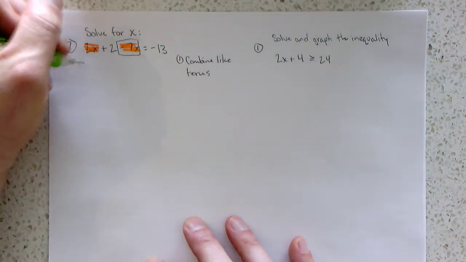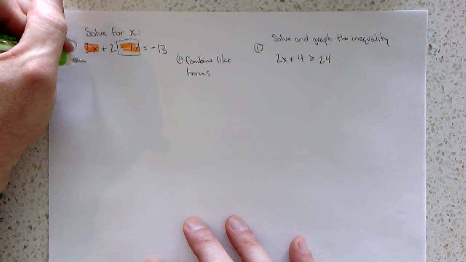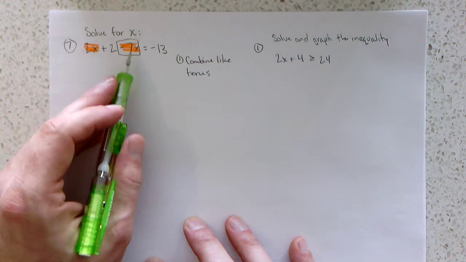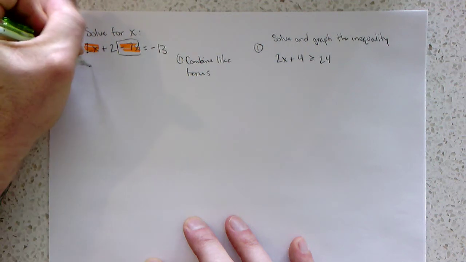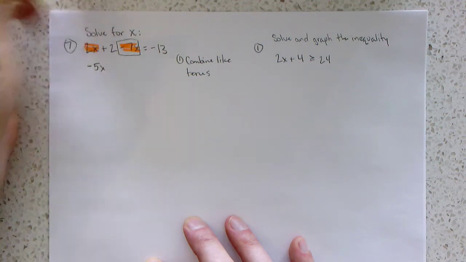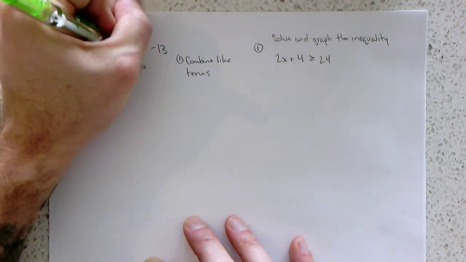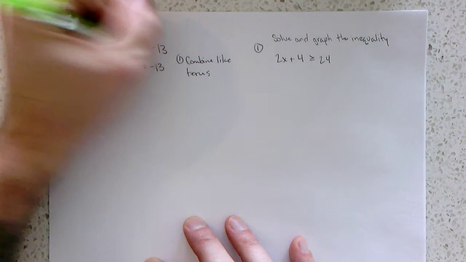So I'm going to rewrite what I have on the next line. So 2x minus 7x is going to give me a negative 5x plus 2 equals negative 13.